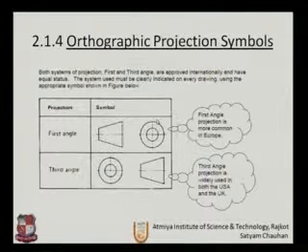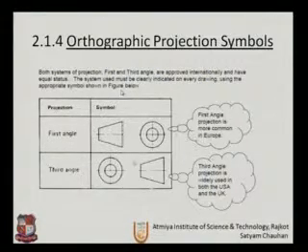In both of the projection systems, they are approved internationally and they have equal status. The system must be clearly indicated on every drawing. As we have seen before, the symbol must be shown so that the interpreter or the designer can understand in what angle the drawing has been drawn.